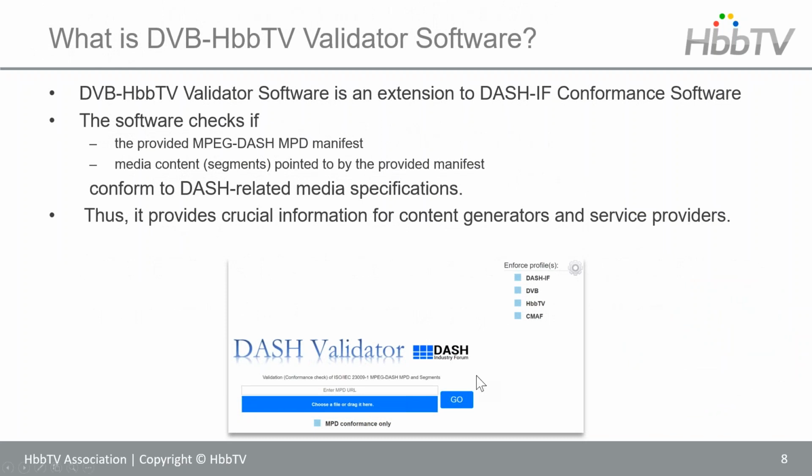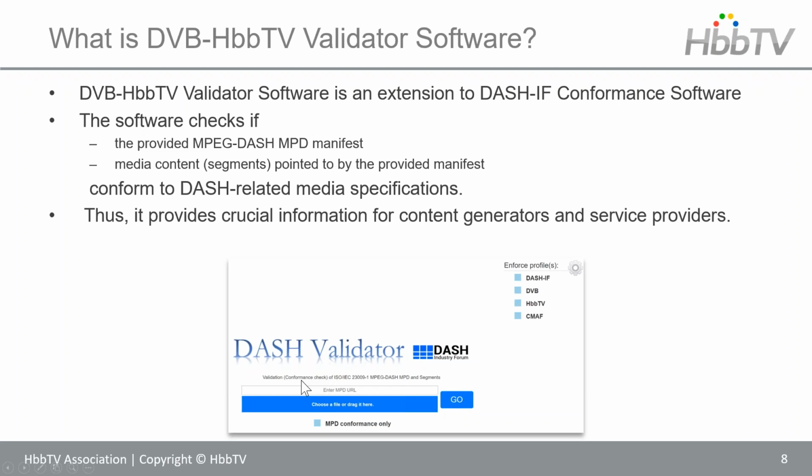We're going to go online to see this tool. Obviously, this is an online service that is accessible to people, where they can use it and test their content. This HbbTV Validator, as mentioned before, is an extension to the DASH-IF conformance software, and the main workflow of this tool is that it's available online.